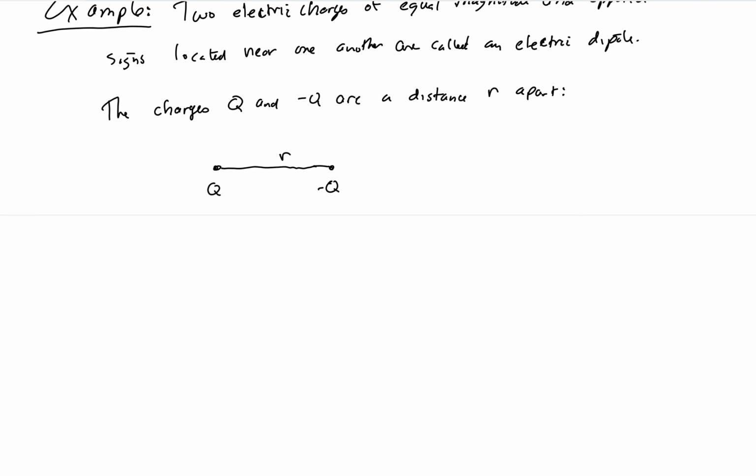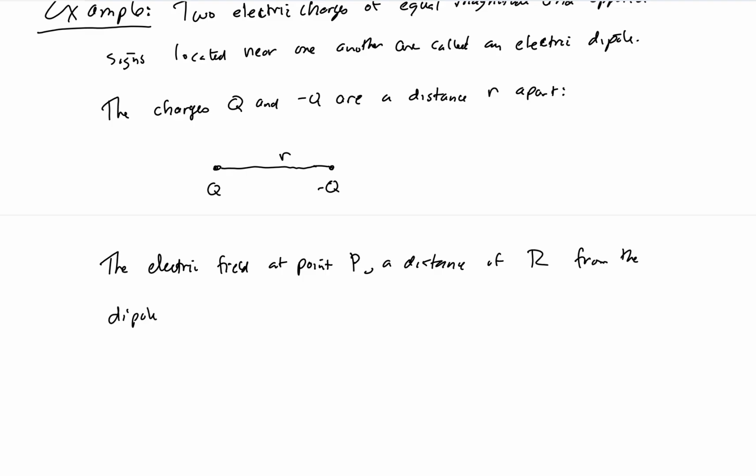Okay, so these particles are going to create an electric field at point P, a distance of big R from the dipole. So big R is much larger than little r.